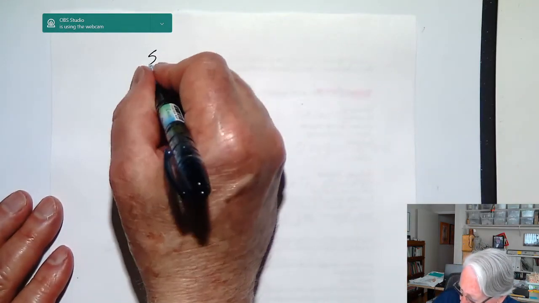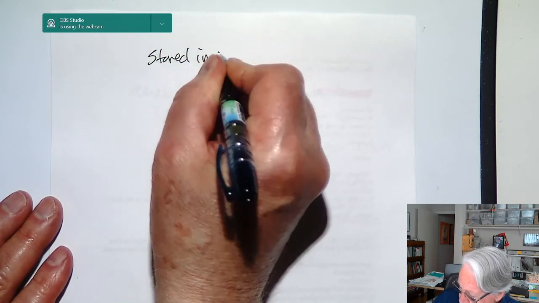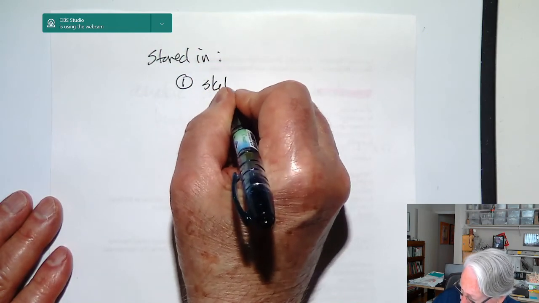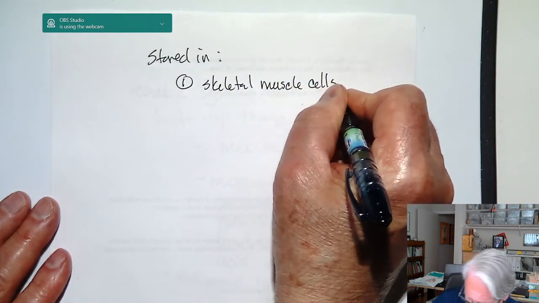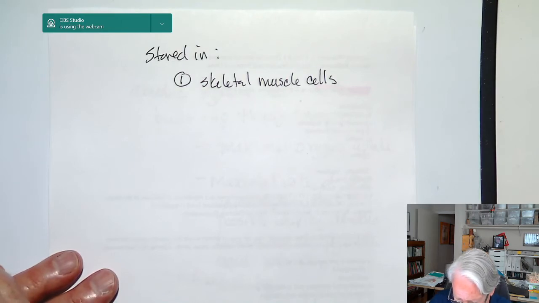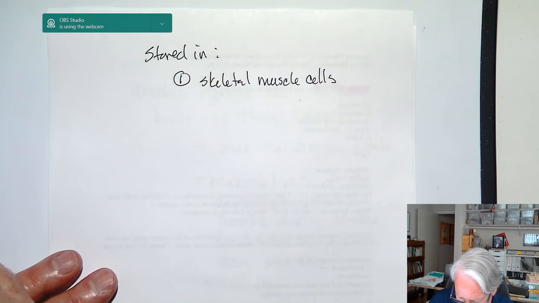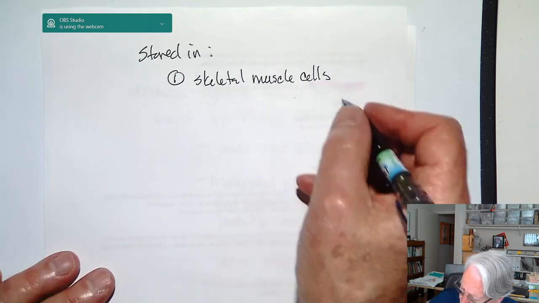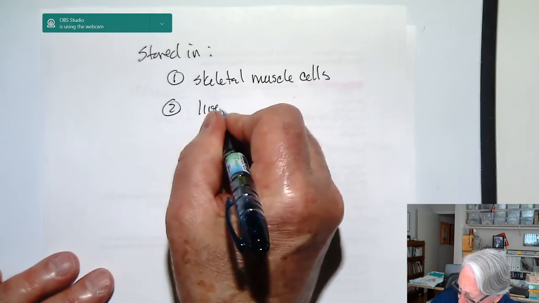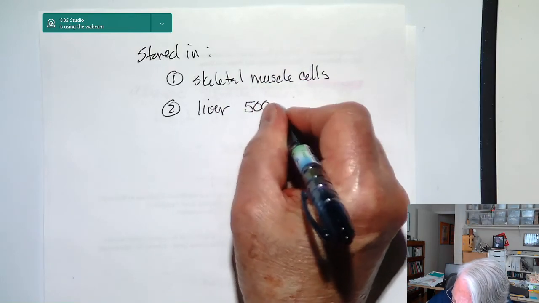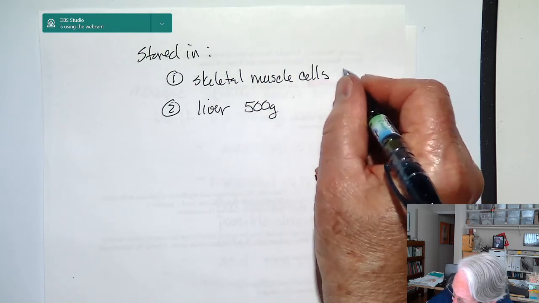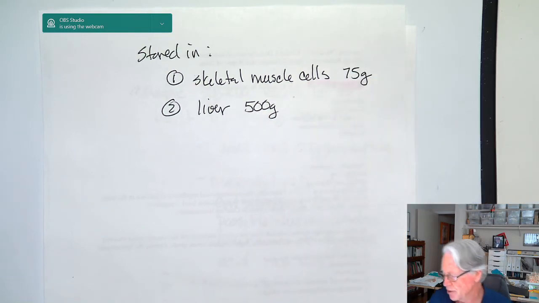So it can be stored in, number 1, skeletal muscle cells. It can also be stored in the liver. Those are the 2 major areas where they can be stored. So the liver can store about 500 grams, and there's about 75 grams stored in skeletal muscle.